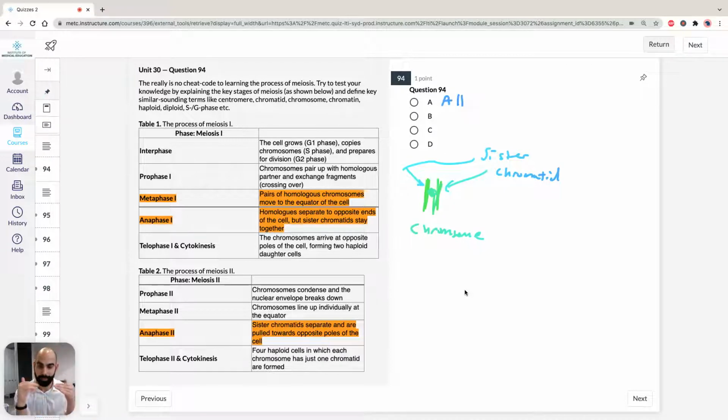The spindle fibers are connecting the chromosomes through the centromeres, and it's lining up at the equator. If we take a look through our processes of meiosis, for schematic 2, the answer for B is going to be metaphase 1, because the pairs of homologous chromosomes move to the equator of the cell and pair up.